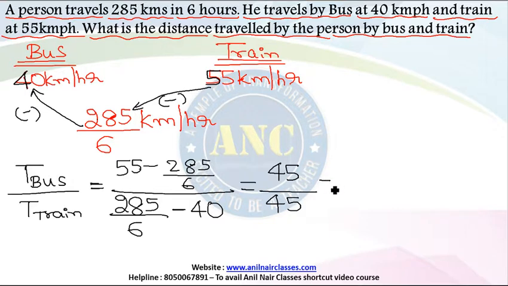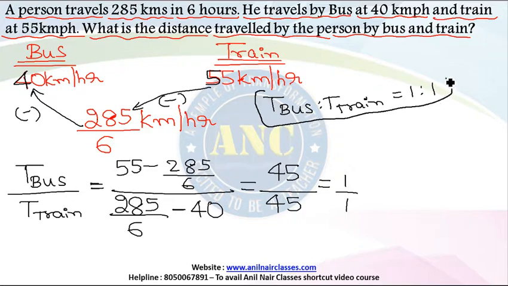The 6 and 6 cancel, and 45 by 45 also cancels. That means I got the ratio of time taken in bus and time taken in train as 1:1, or in simple language, they are in equal ratio.